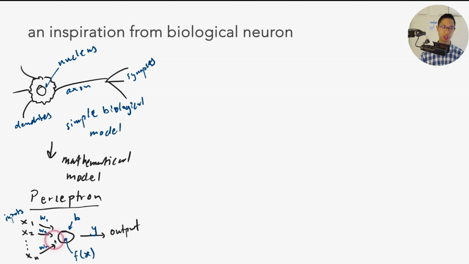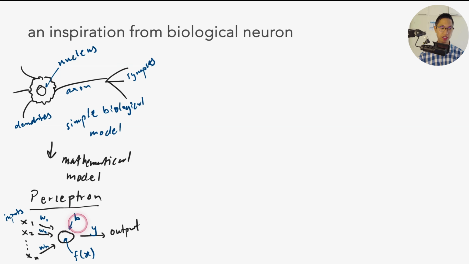These are the connections with weights, corresponding to the dendrites here. The bigger the weight wi is, the stronger the connection is with this input. That is the idea.